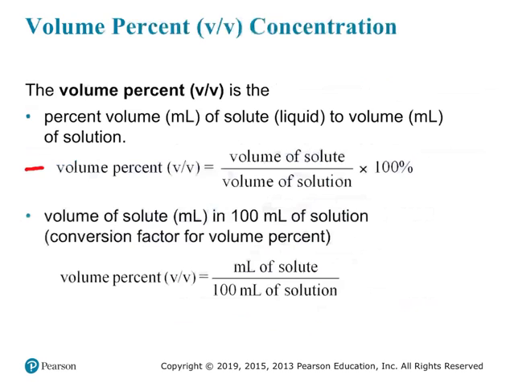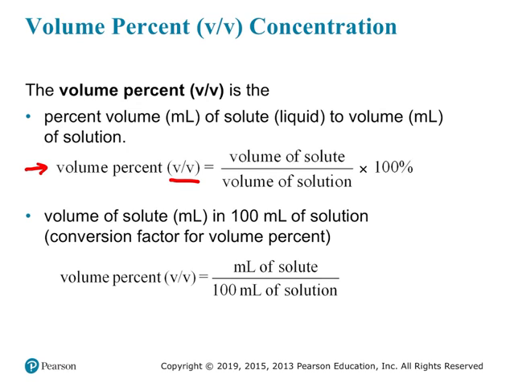So volume percent, or V over V, is equal to the volume of the solute over the volume of the solution. So remember, you might have to add the volume of solute to the volume of solvent to get the total volume of the solution there. And then we multiply that by 100 to get our percent.